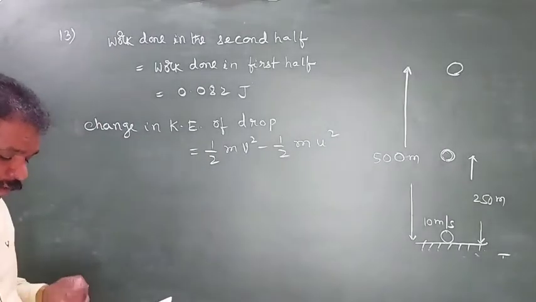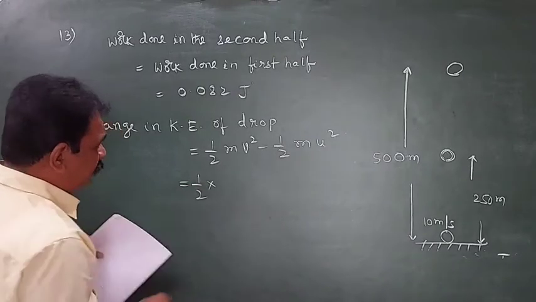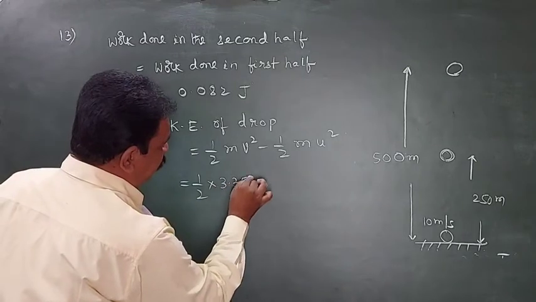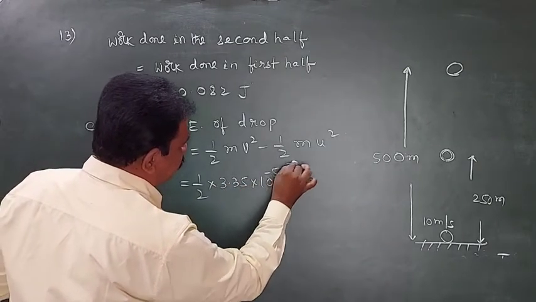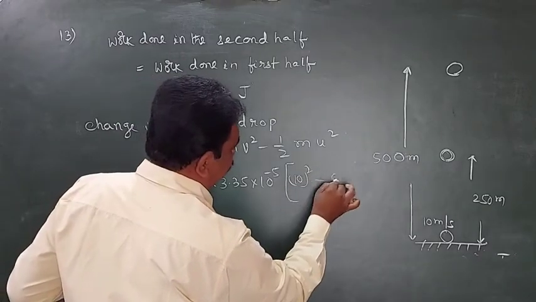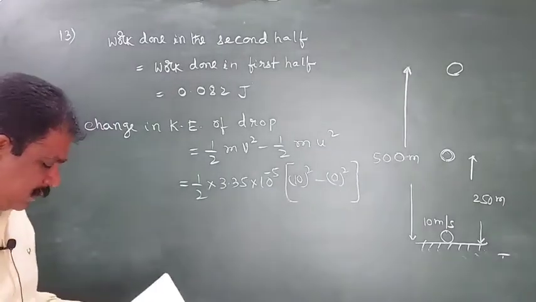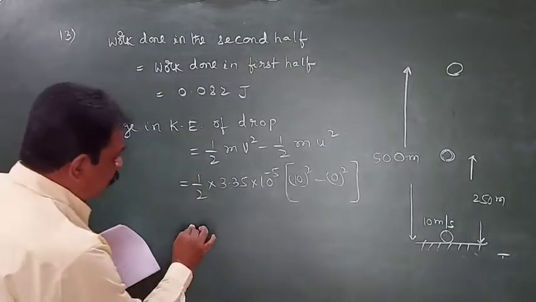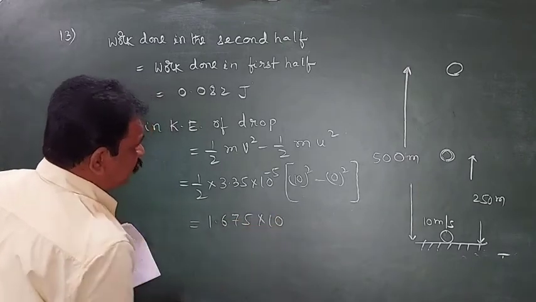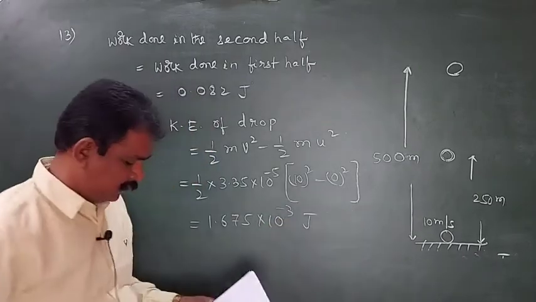Already we found the mass of that drop. Half into m we will take common. This is 3.35 into 10 power minus 5. Final velocity V is 10, initial velocity is 0. So this value is 1.675 into 10 power minus 3 joules.